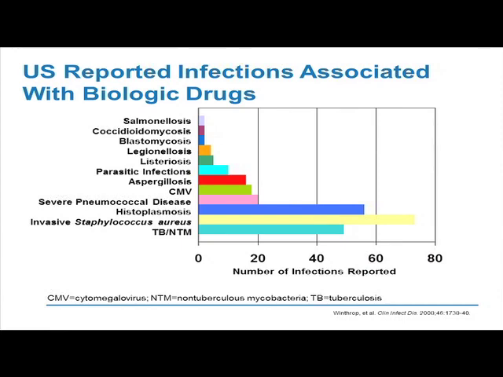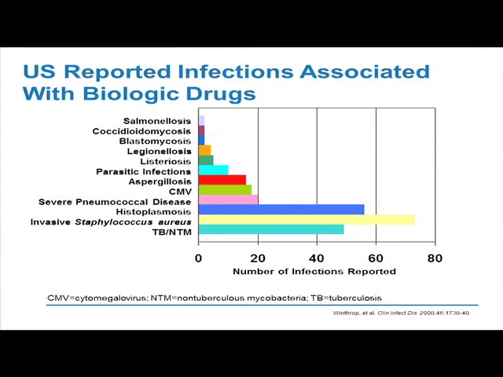And this is a study reported by my friend Kevin Winthrop. You can see that it is rather broad. And there are certain infections that are unusual, but increasingly reported, such as some of the endemic fungi, agents such as listeria, parasites.